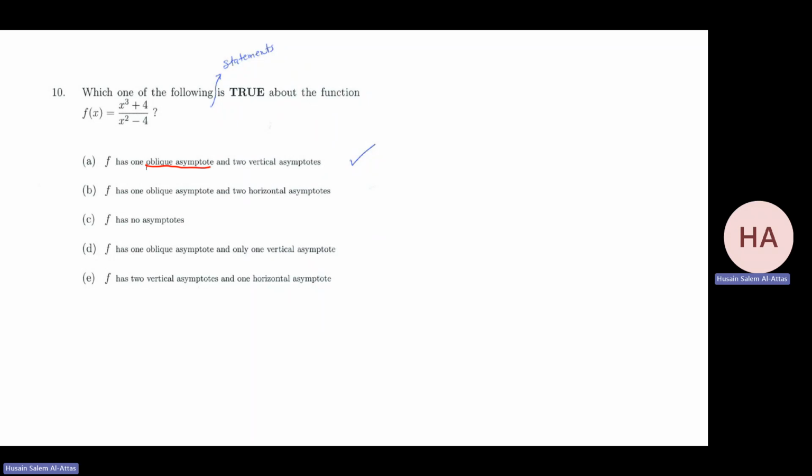Now the degree of numerator, if you call it G over H, just to understand it, degree of G is 3, and degree of H is 2. That means degree of G is greater than degree of H by 1.